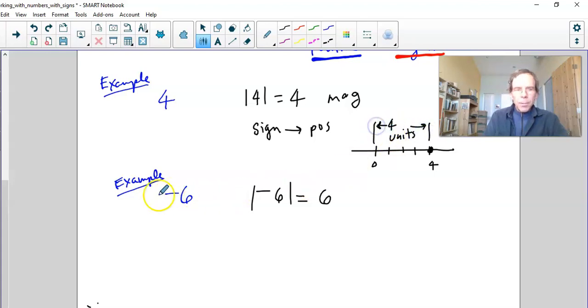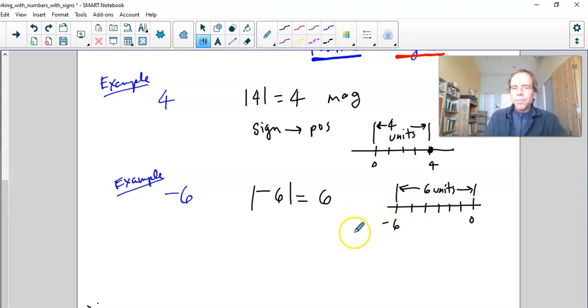And in the next problem, where we're looking at negative 6, maybe here's 0, 1, 2, 3, 4, 5, 6. Here's negative 6. And how far is that from 0? Well, it's 6 units. So the magnitude is 6. And what's the sign? The sign here is negative.